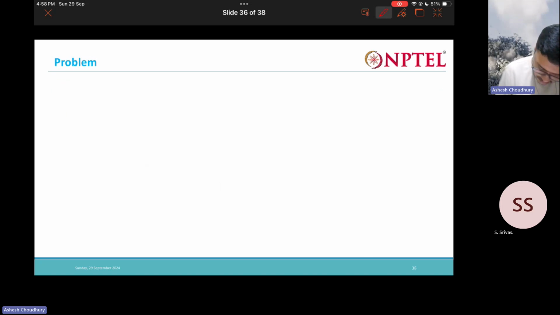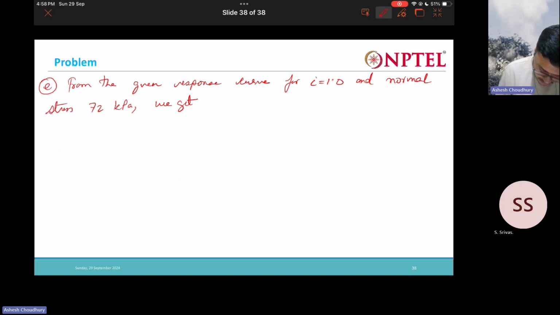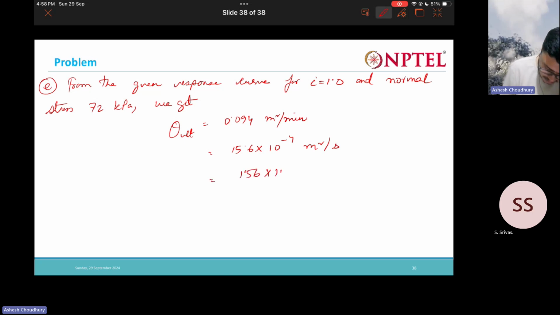So take the proper scale and find it out. The ultimate flow rate is, see the book, the graph is given there, so please refer to the Koerner's book, 10.6 into 10 to the power minus 4 per second, which is again equal to 1.56 into 10 to the power minus 3 per second.